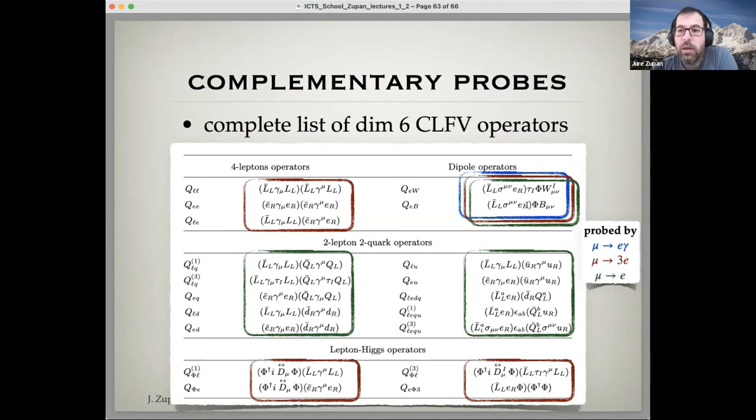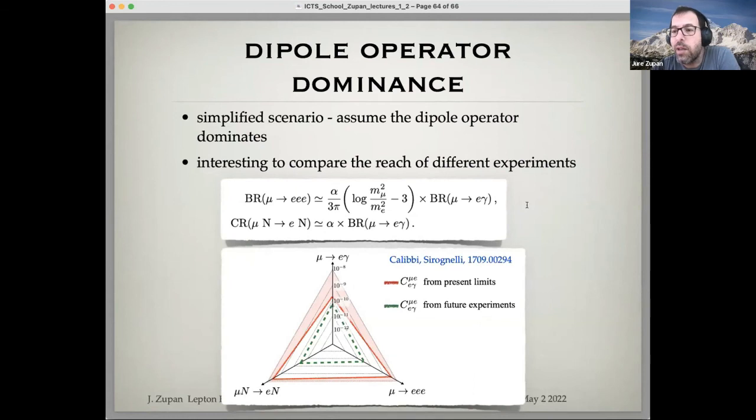All right, so that's one interesting comparison, but it can also be misleading. If you're dominated by the dipole, I think it's good to look at how sensitive the experiments are right now. So that's what's plotted here.